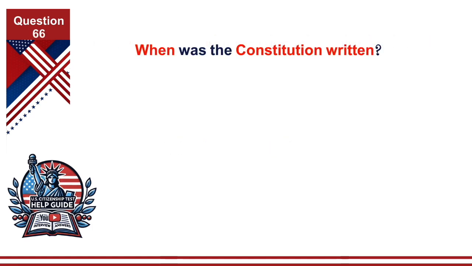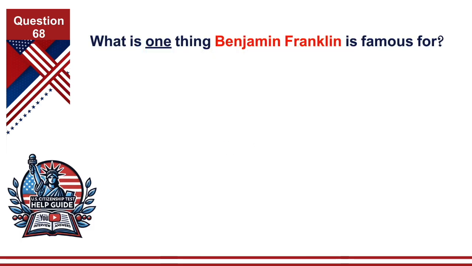When was the Constitution written? 1787. What is one thing Benjamin Franklin is famous for? U.S. diplomat.